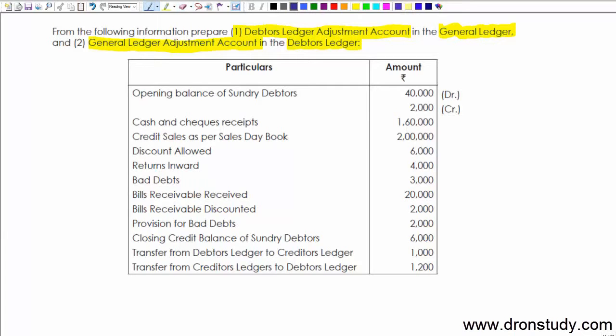We have opening balance of sundry debtors and it is 40,000 appearing on debit side. Now we basically have to open debtors ledger adjustment account in general ledger and general ledger adjustment account in debtors ledger.